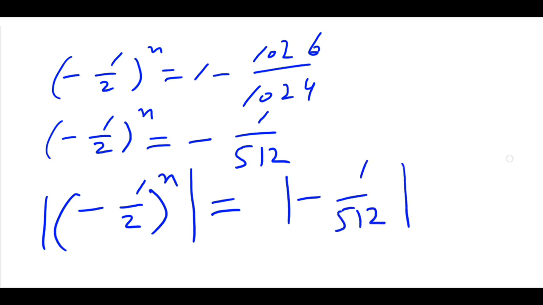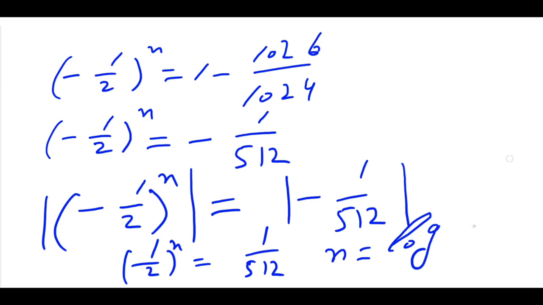So this becomes 1 over 2^n is equal to 1 over 512. Now I can apply the log because now the values are positive. I need to find n. So n is equal to log of 1 over 512 to the base 1 over 2. I use my calculator, and my answer is 9. So either way the answer is the same.